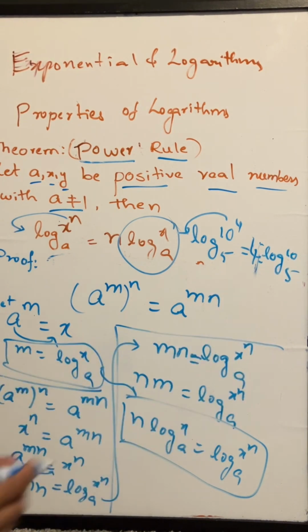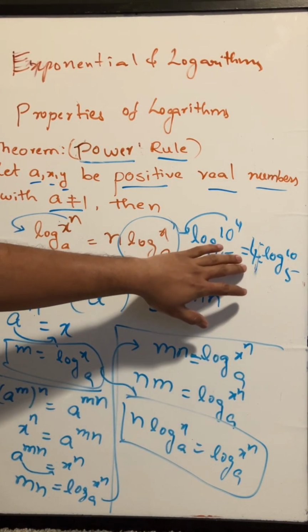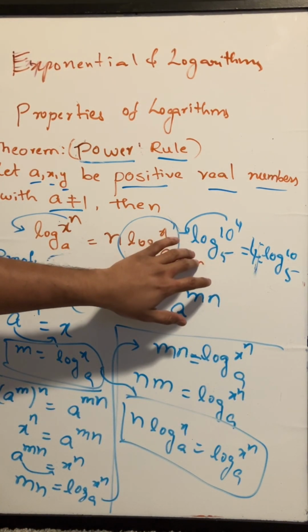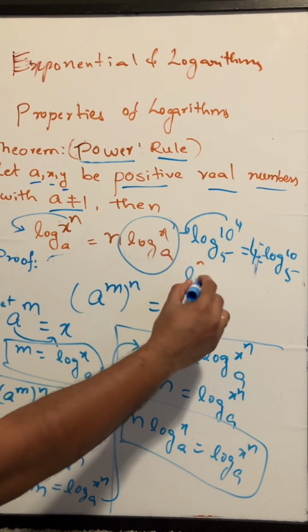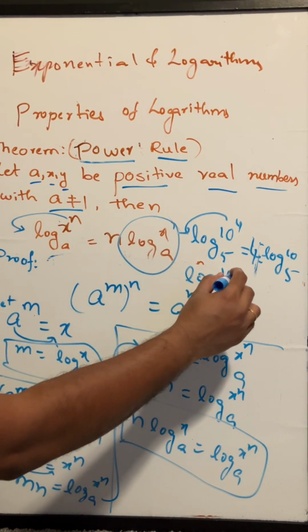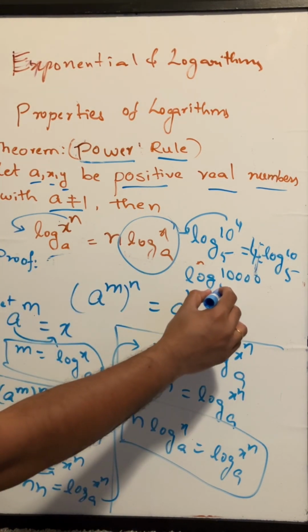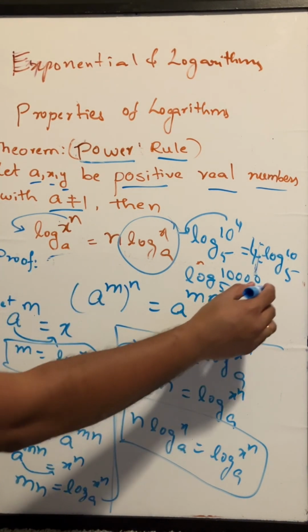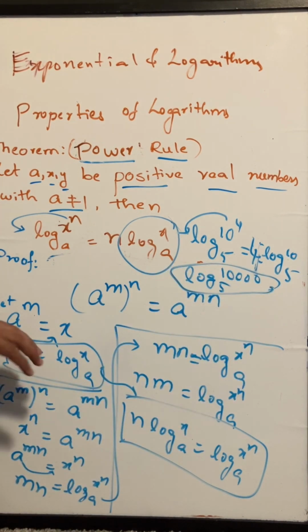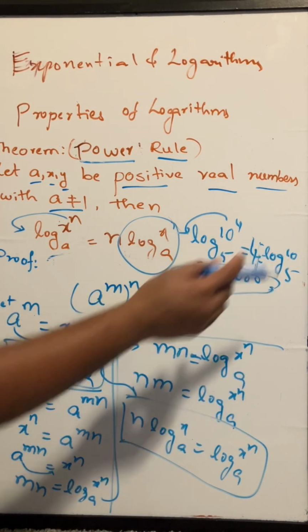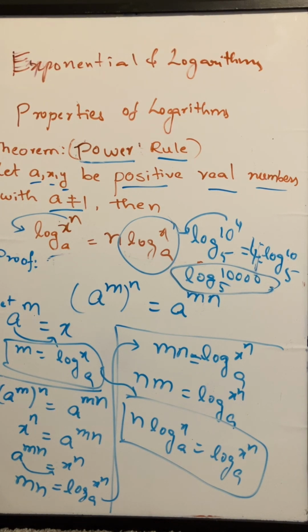If you know the value of log 10 base 5 and multiply with 4, we get the value of this one. Rather than figuring out log of 10,000 base 5, we simply know this value, multiply with 4, and get the value. That's the intent of this one. It makes our jobs easier.